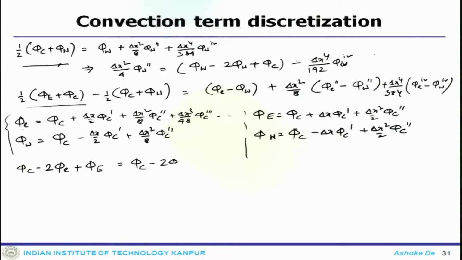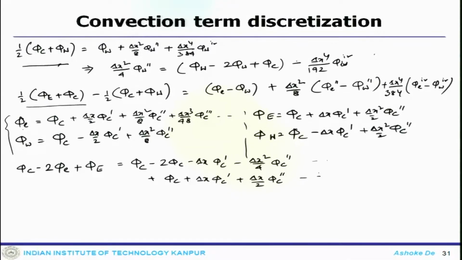Phi c minus 2 phi c minus delta x phi c prime minus delta x square by 4 phi c double prime and so on, plus phi c plus delta x phi c prime plus delta x square phi c double prime and so on.